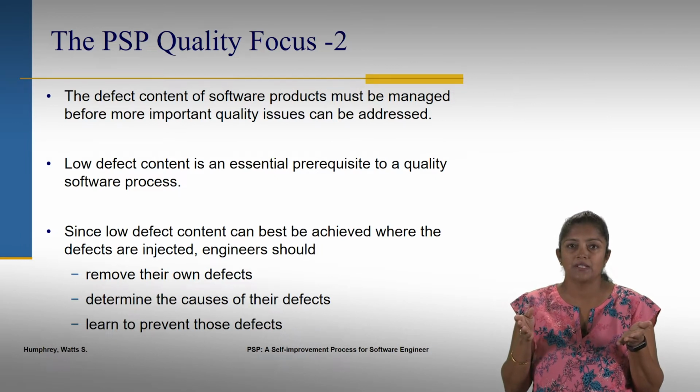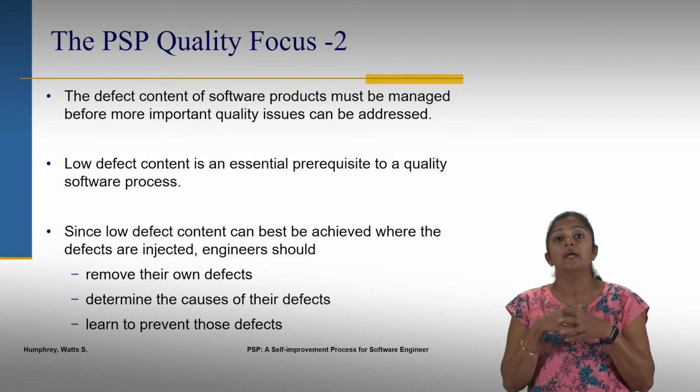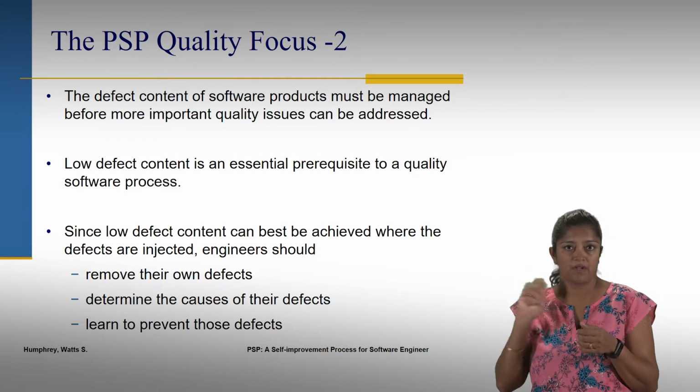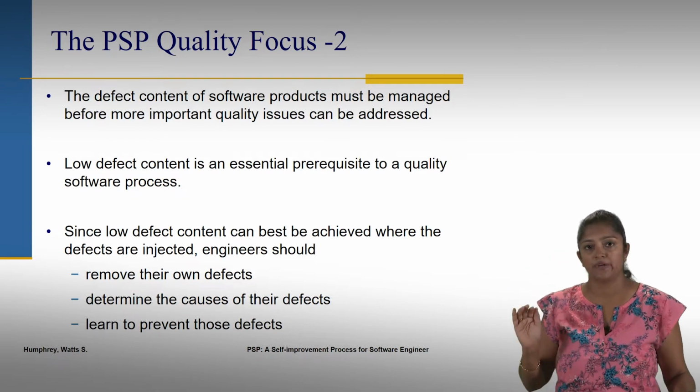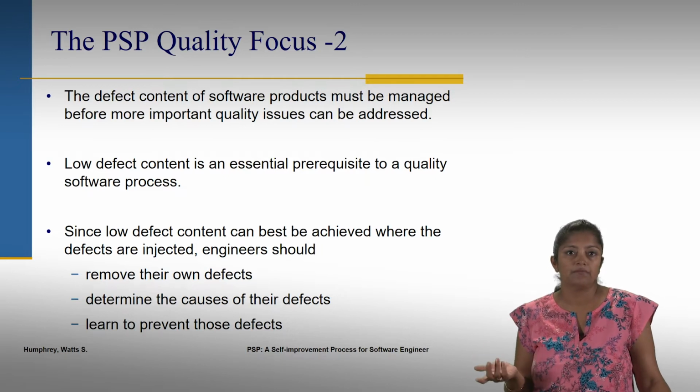Also, the software engineers who worked on that defect content are responsible for removing their own defects as quickly as possible, right from the beginning. If defects occur and are identified, then determine the cause for the defect and fix it.